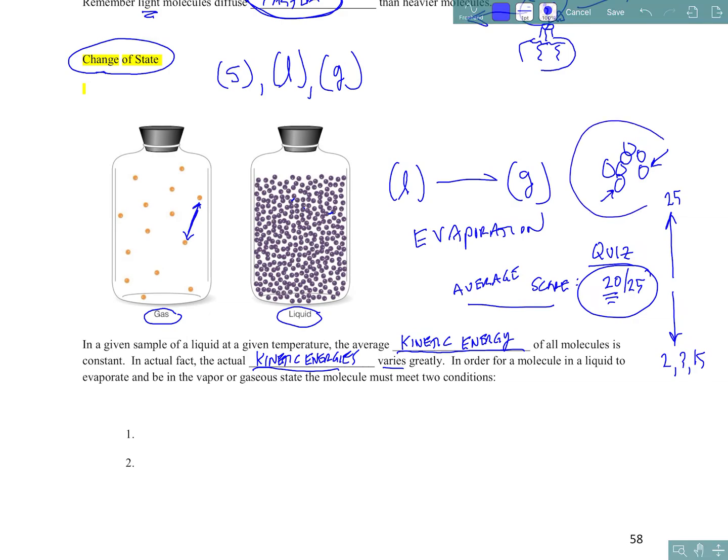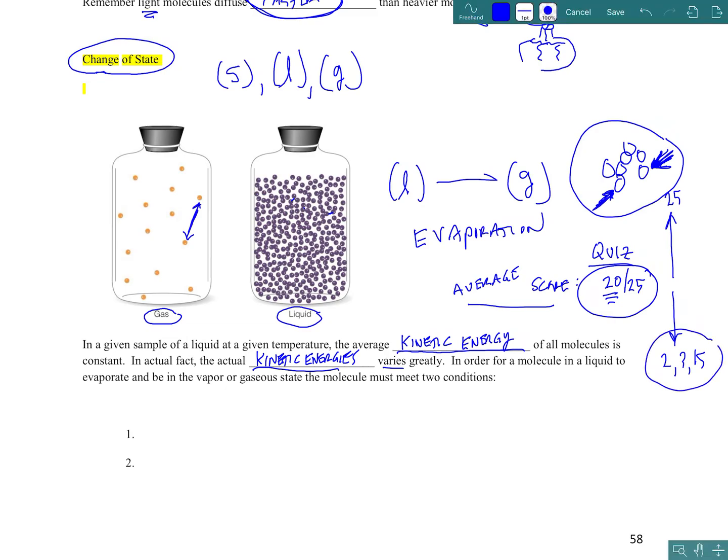However, if we take the average of the kinetic energies of all of these particles at a given temperature, it's constant. So regardless of the temperature, their average kinetic energies are constant. However, within that sample, some will have a high kinetic energy and some will have a low kinetic energy. They don't all have the same kinetic energies, much like your quiz scores.